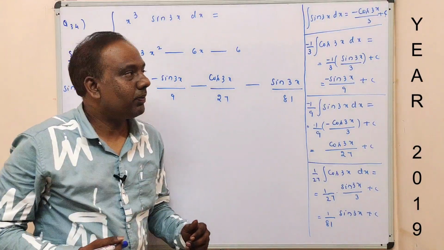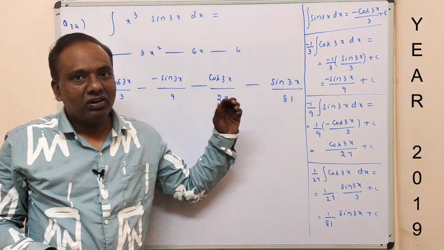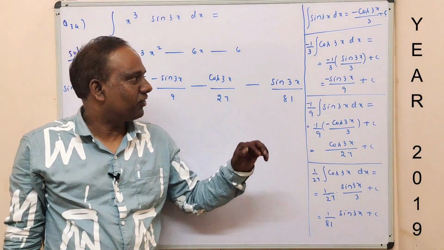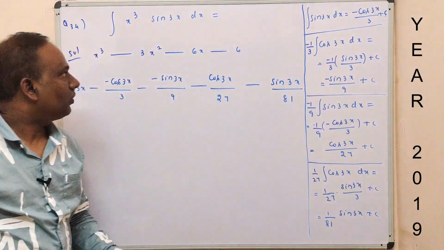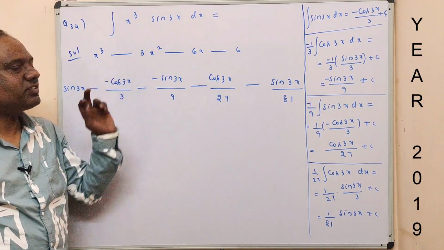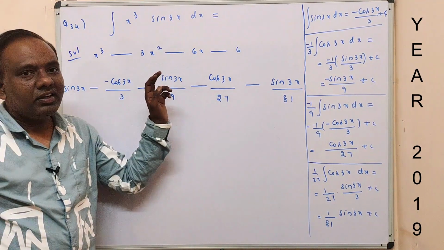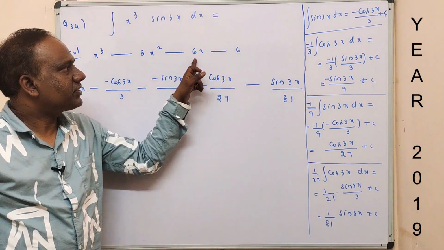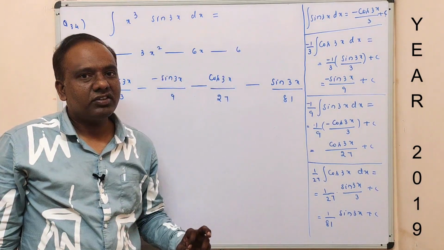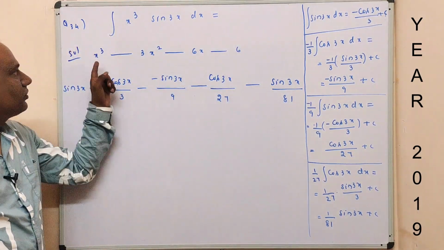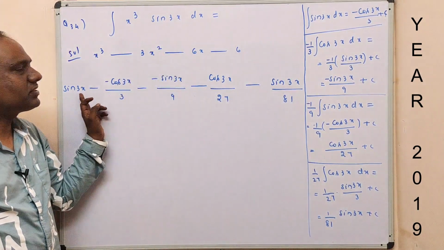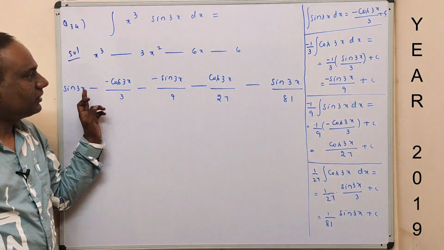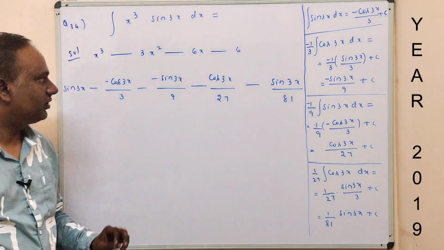So now I'll explain here. Before I explain that, for understanding purpose I am writing the basics here. The x cube differentiation is 3x square, and 3x square differentiation is 6x, and 6x differentiation is 6. And the second function is sine 3x, which we integrate.